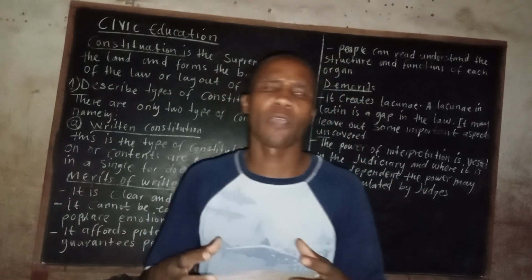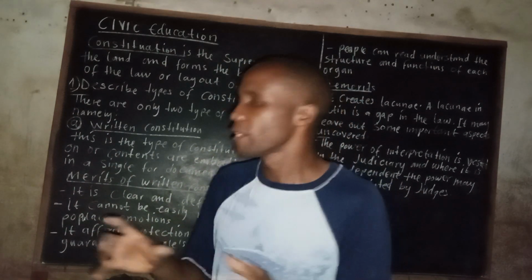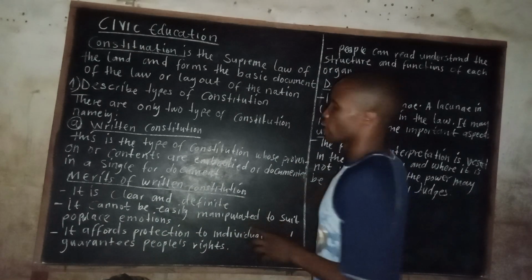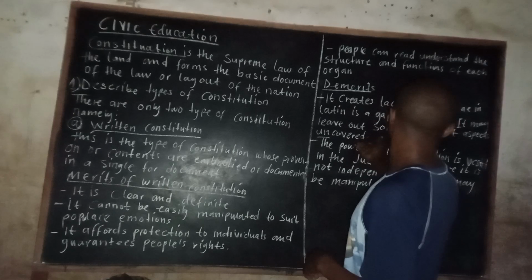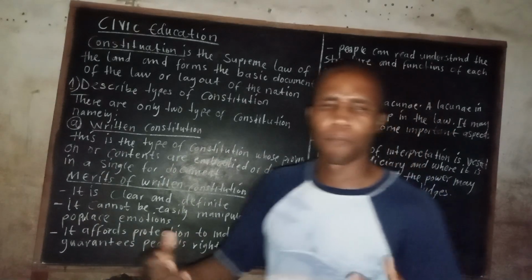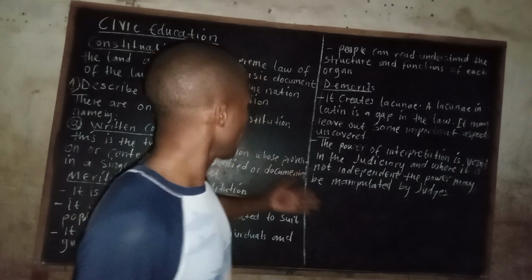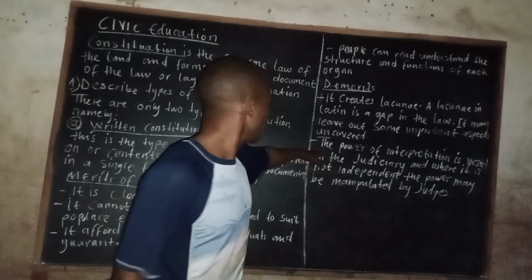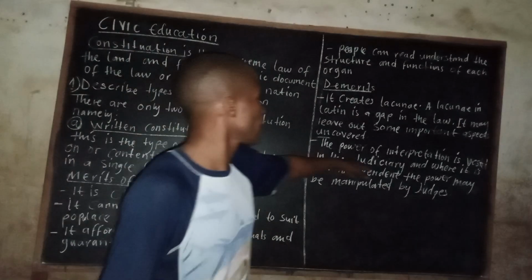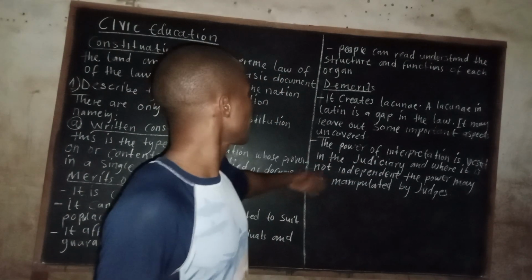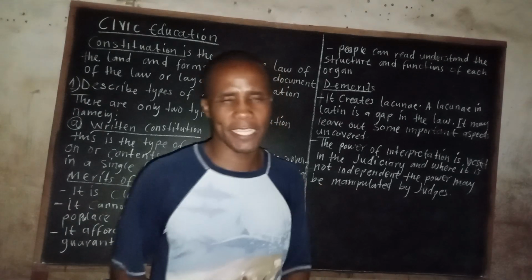Why? When people sat down and wrote it, some laws may have been left out, and that can lead to important aspects being uncovered. The other disadvantage: the power of interpretation is vested in the judiciary, and where it is not independent, the power may be manipulated by judges.